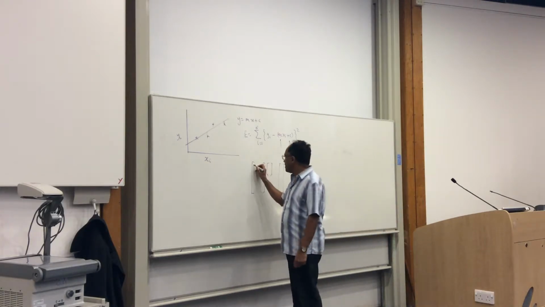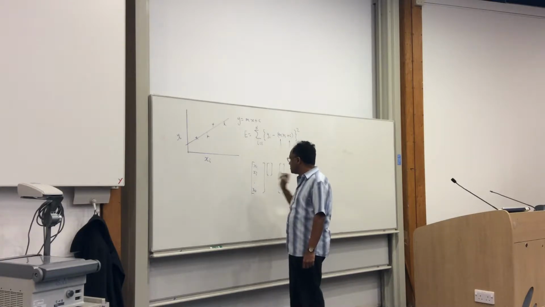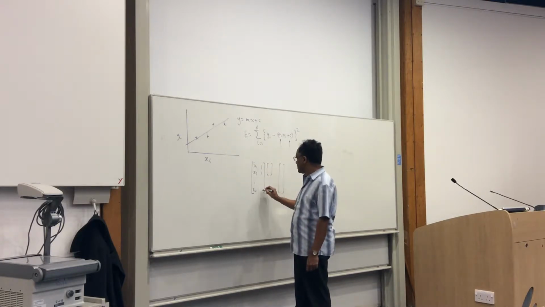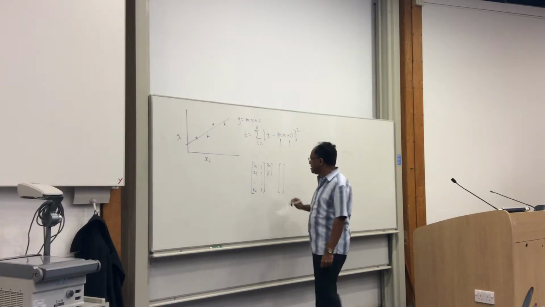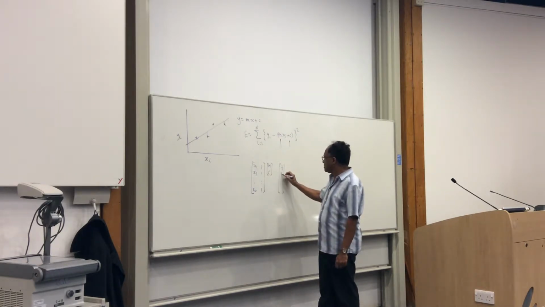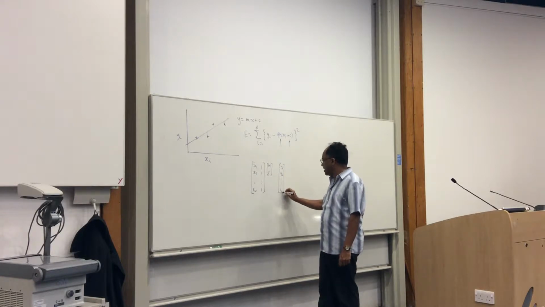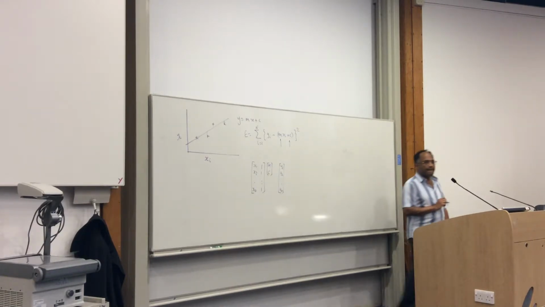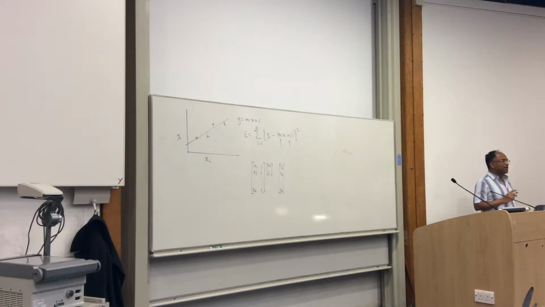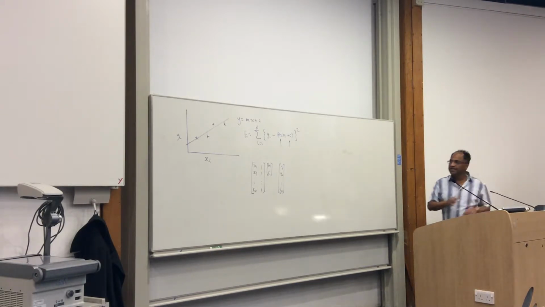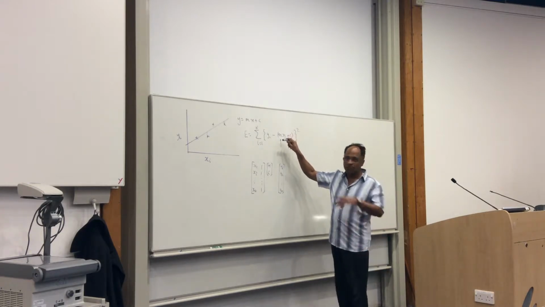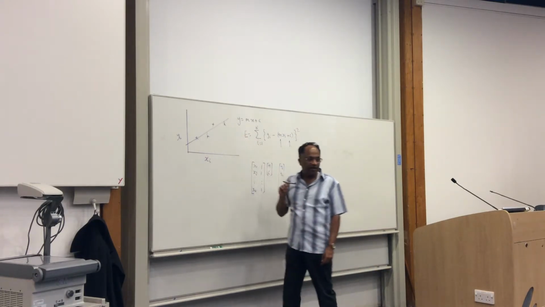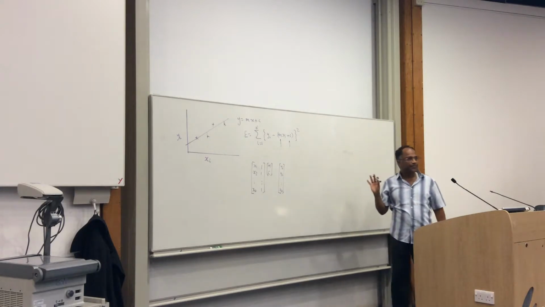I stick here my x1, x2 up to xn, and then I put a 1 here, and then I put an m here, a c here, and I put y1, y2 up to yn. What I'm doing is I'm writing precisely the problem that you solved with the foot ruler in a matrix form.